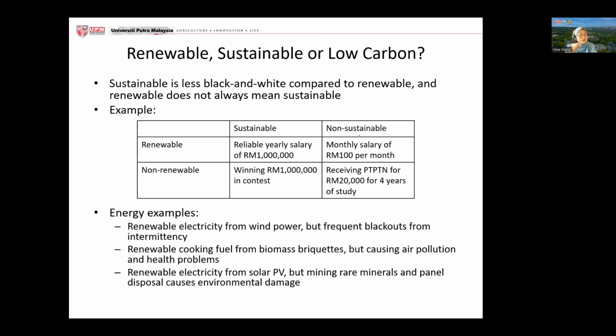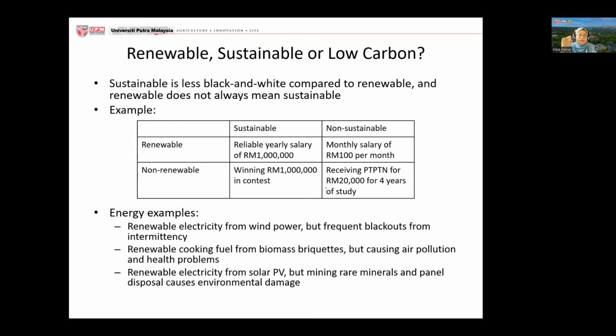And then it is not sustainable for the rest of your life. You cannot just live off 20,000 for the rest of your life. So it's non-sustainable and it's non-renewable. So that is the example, or rather the comparison between renewable and sustainable.